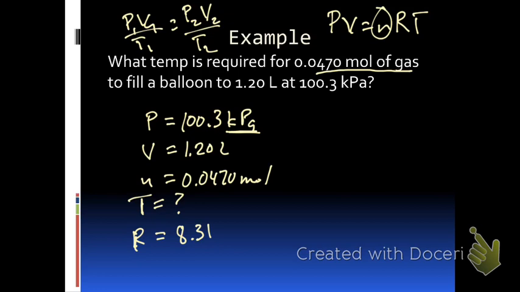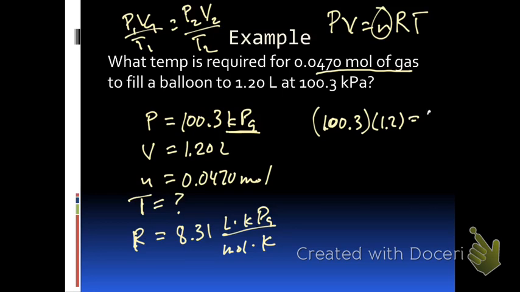And it's going to be liters times kilopascal over moles times Kelvin. Let's plug it in. So 100.3 times 1.2 equals 0.0470 times our temperature times R. I kind of rearranged it a little, but that's okay. So 100.3 times 1.2 gives us 120.36.